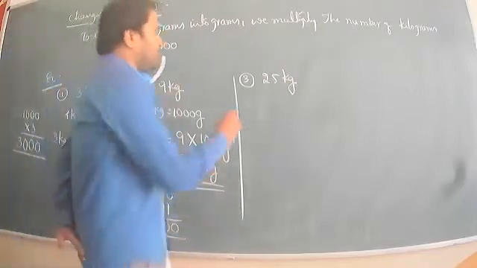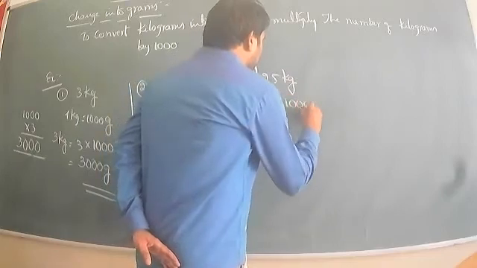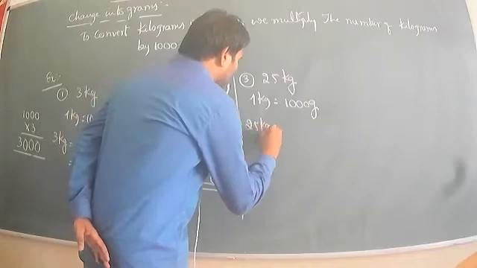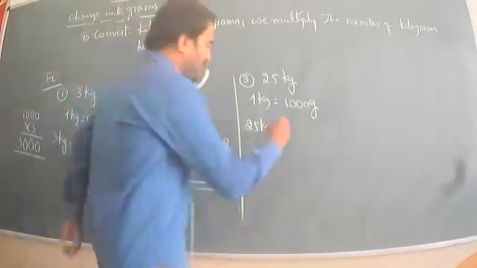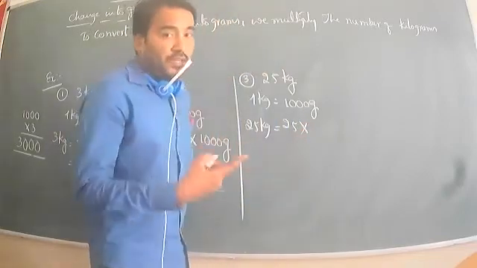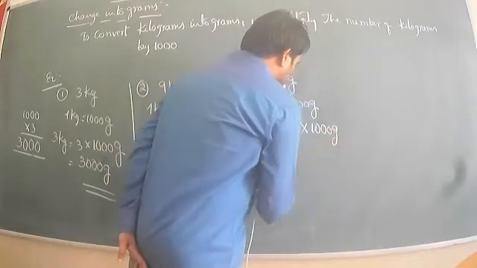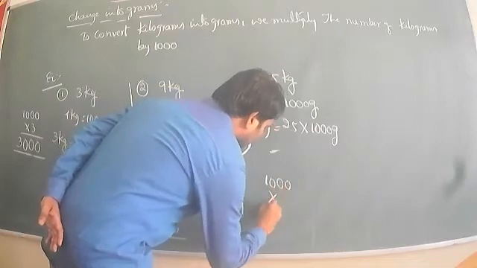We know that 1 kg equals 1000 grams. So 25 kg is 25 multiplied by 1000 grams for each kg. We get 1000 into 25.